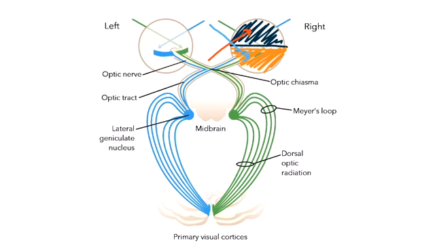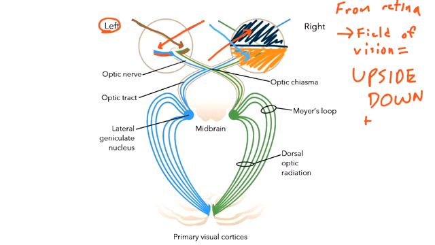So now if we're just going to focus on the left side for a moment, you can see that the temporal hemiretina is actually responsible for the medial half of the field of vision, as you can see with this arrow. Same thing is true for the medial half of the retina, or the nasal hemiretina. That's responsible for the lateral field of vision. In other words, from the perspective of any point on the retina, the field of vision is upside down and backwards. So this will make more sense after we do some examples.